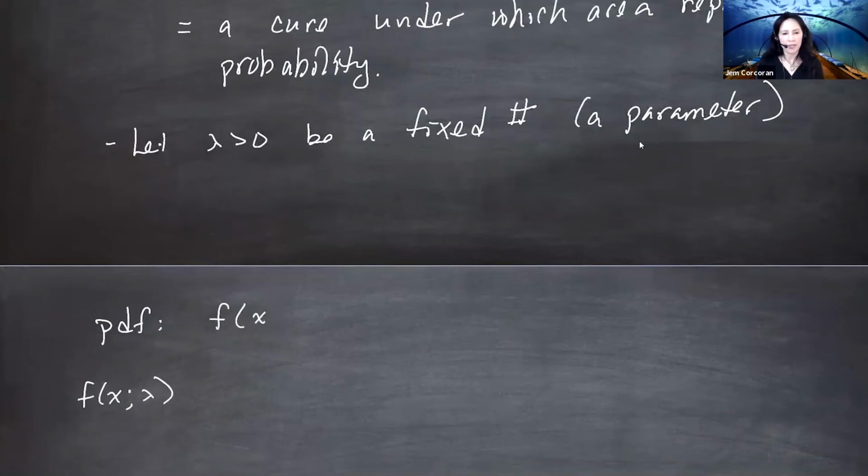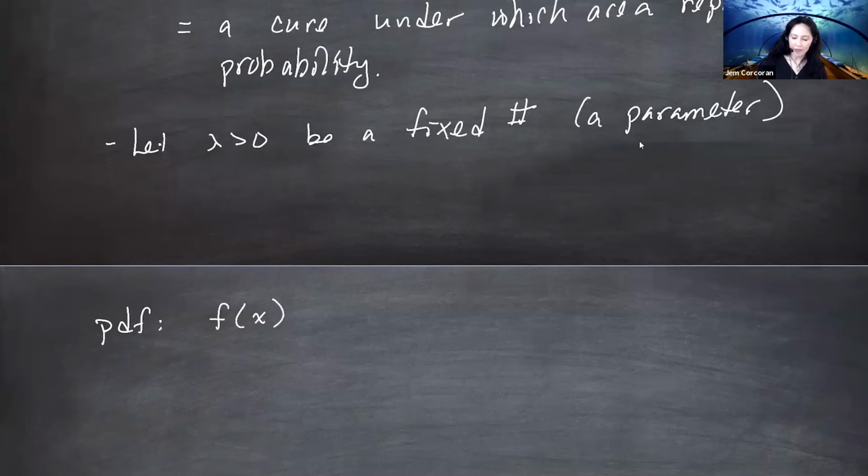I usually use a semicolon between them. It's not really going to come up in this class very much, but I usually use a semicolon to distinguish between the variables, in case we have a joint distribution with several variables, and the parameters, also in case we have several parameters, as opposed to just a comma. Some people use a line there. I think that's a loaded statement about conditional probability and being Bayesian, but it's also okay.